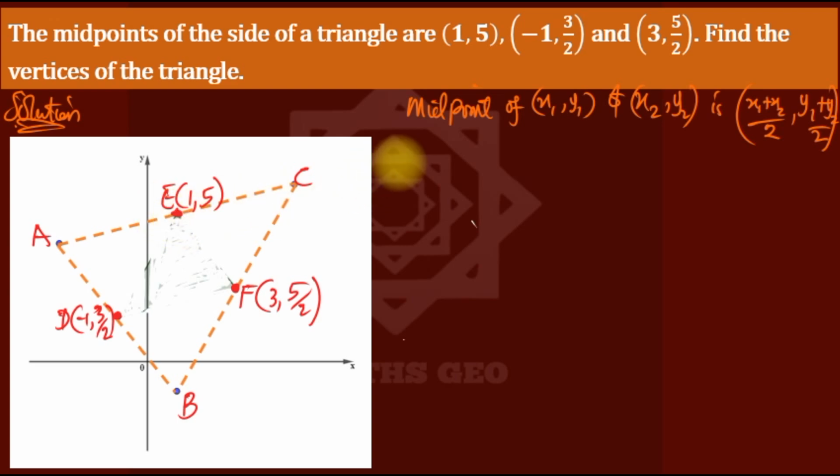So for this one, we'll see that the midpoint of AC, let's call the coordinates of A (XA, YA), C (XC, YC), and B (XB, YB).